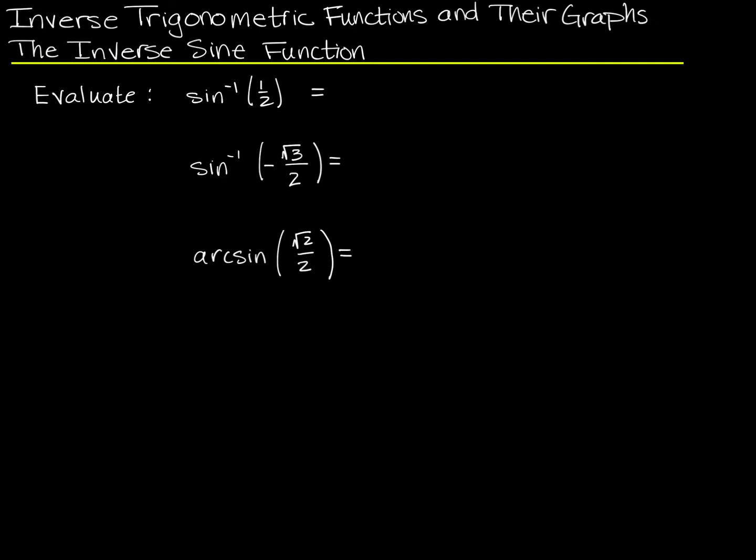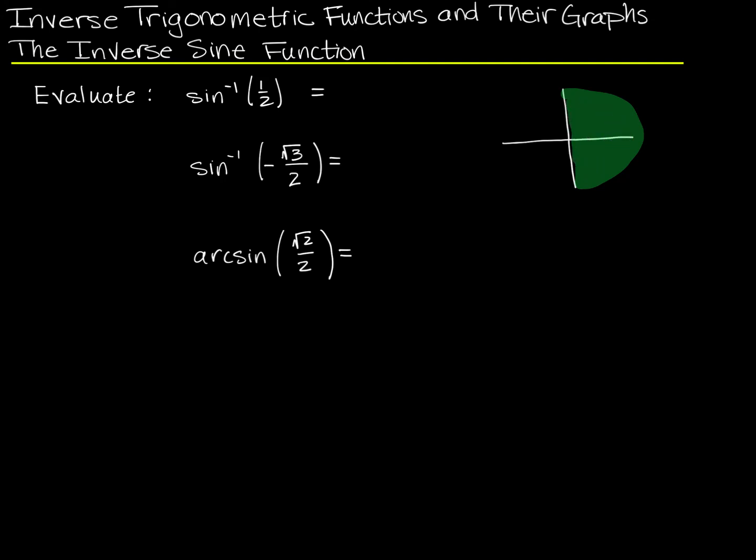I think it's very helpful to have an idea of where we are on the unit circle, if you want to call it that. So for sine, I'm going to remind us, first of all, that -π/2 is down here, +π/2 is up here, and I'm going to color in the region. I don't think I want to use blue. It's a little bit too hard to see. This green's not much better, but we'll stick with that for now.